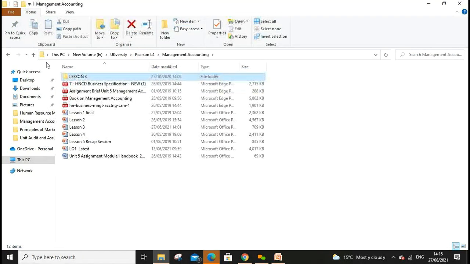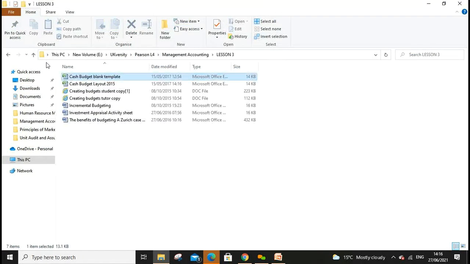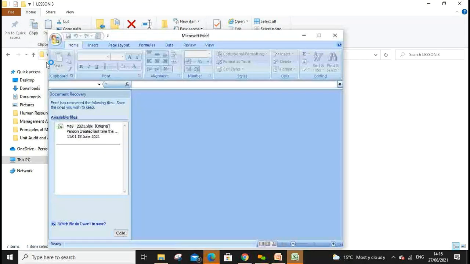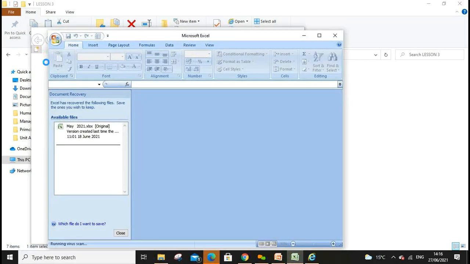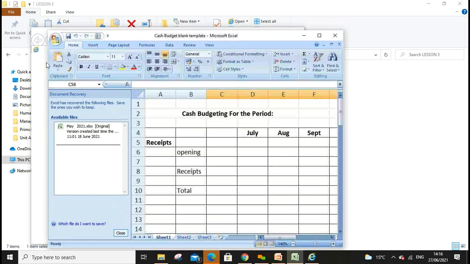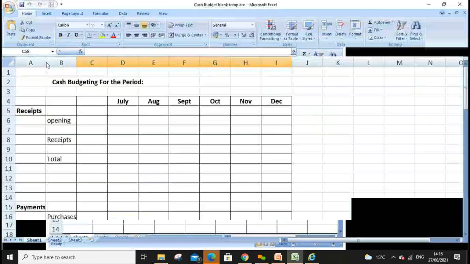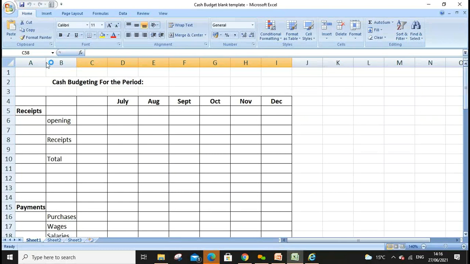Okay, any questions? So I'm going to send you the example of a cash budget, and we will go through the cash budget. So here is the example of a cash budget. This is the template, and we will go through it, and we have a case study as well.